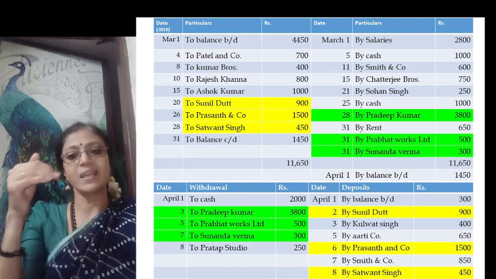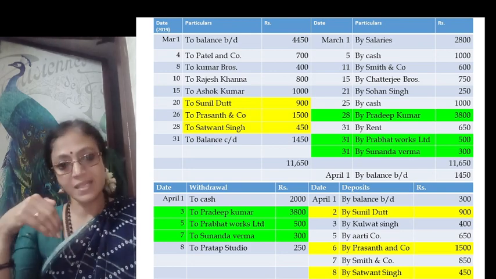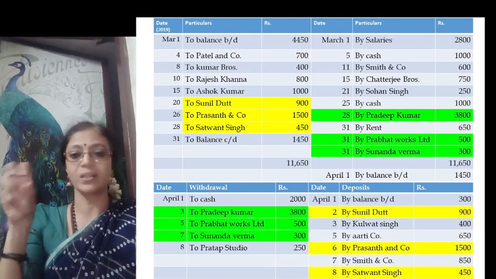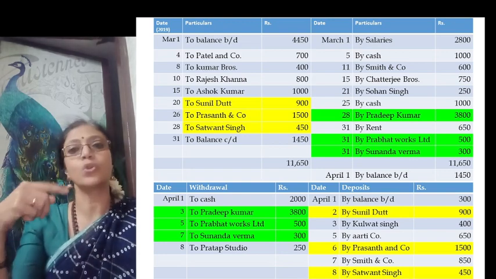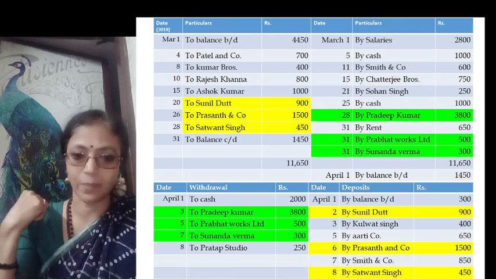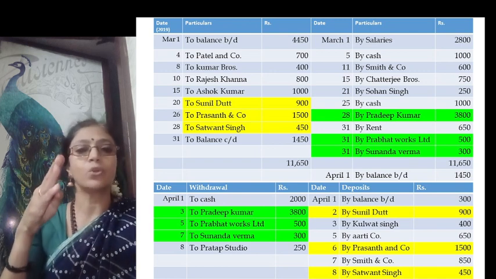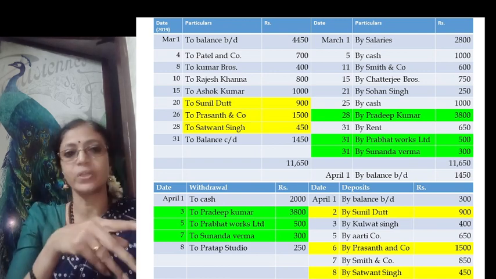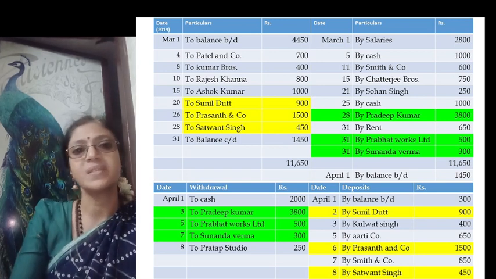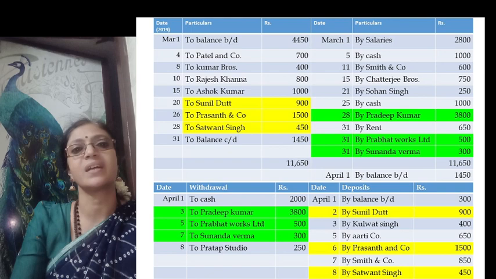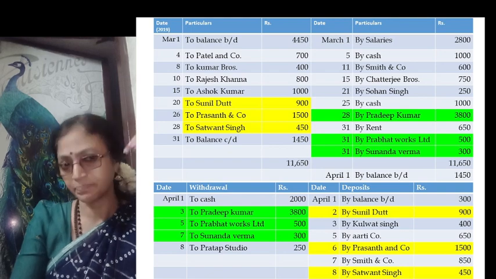So, let's take a look at the various items as far as the cash book and the passbook are concerned, what the discrepancies will be, and how to go about handling them. If you take a closer look at the cash book details, on the receipt side we have receipts from Mr. Patel, Mr. Kumar, Mr. Rajesh, and Mr. Ashok Kumar.